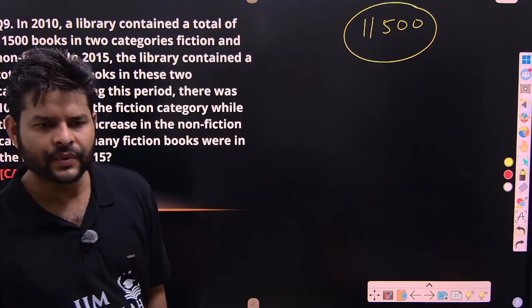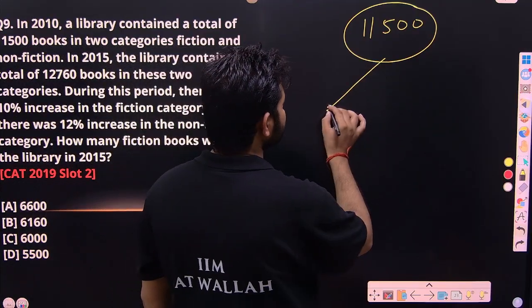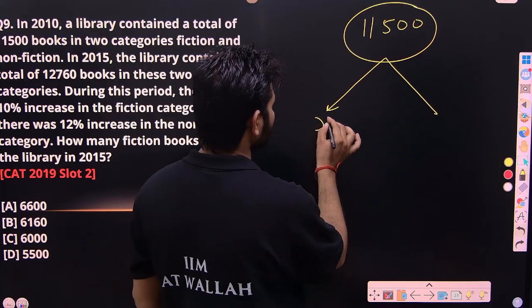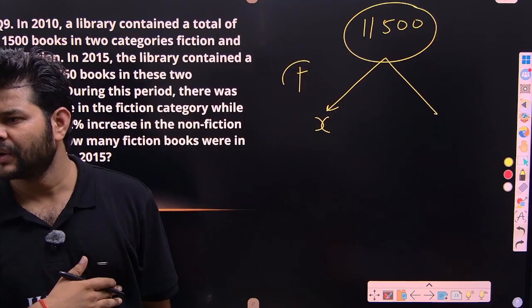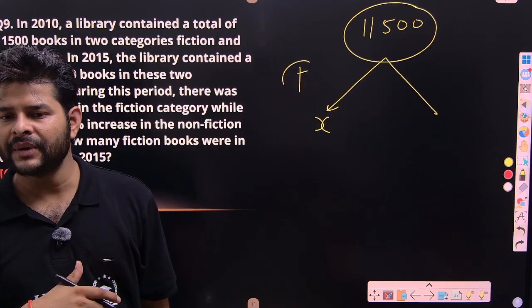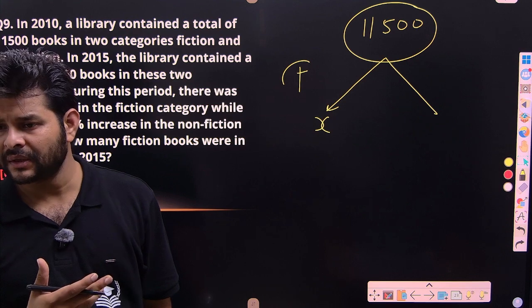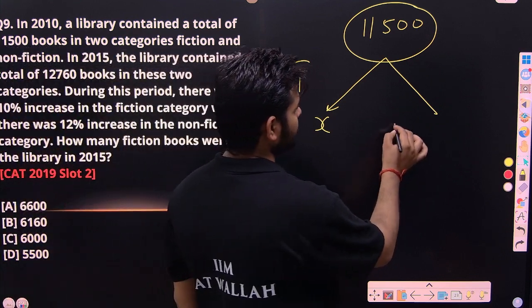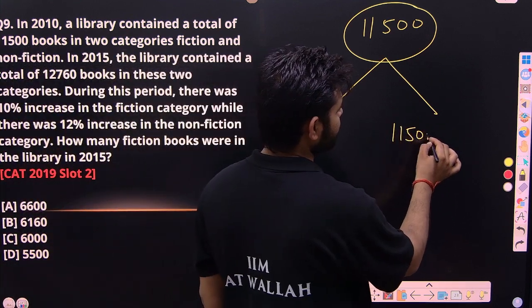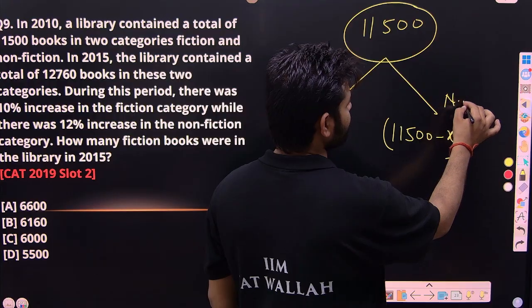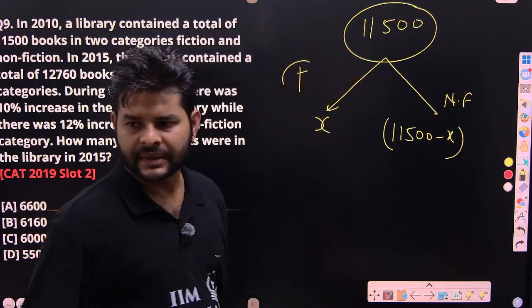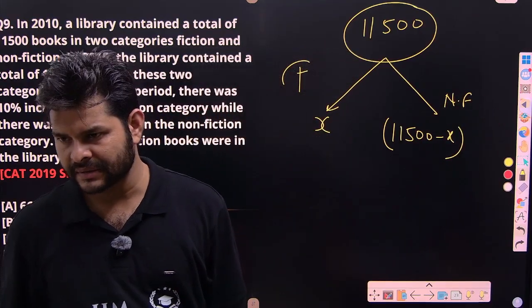Out of them, suppose X books were fictional. How many books would be non-fictional? Total minus X, that would be non-fictional books. This is the condition of the initial stage.